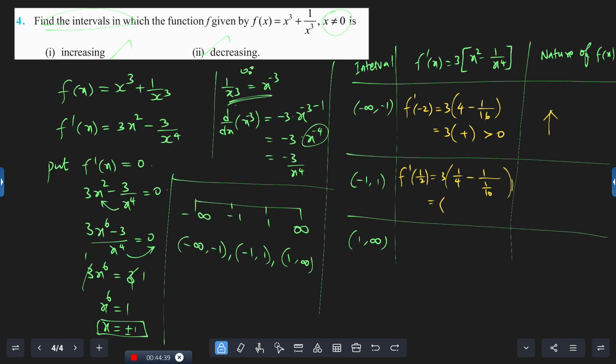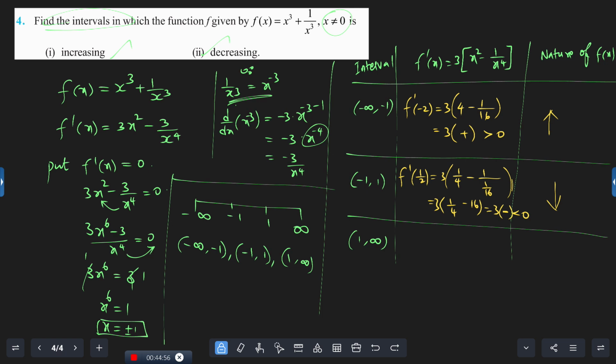Now 3 into 1 by 4 minus 16, that is less than 0, then decreasing. 16 is a big number compared to 1 by 4.